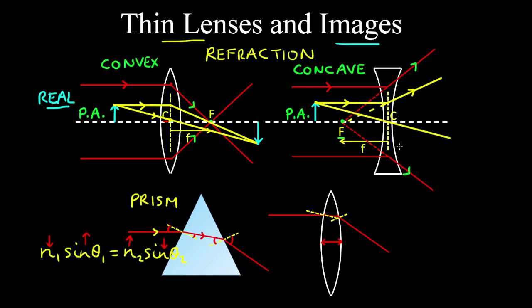And therefore the image is formed on the incident side. So this is called a virtual image because these refracted light rays diverge away from each other. But their intersection is here, so they appear to have originated from this point. And therefore the virtual image is formed on the incident side of the lens.